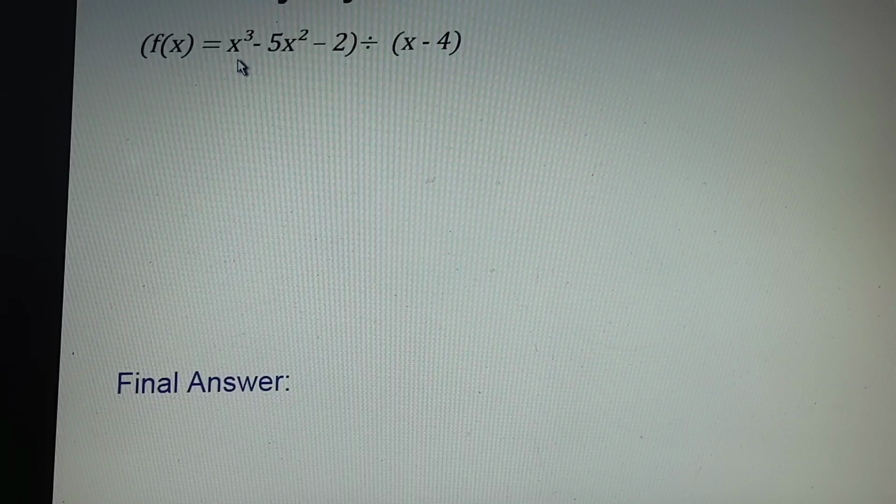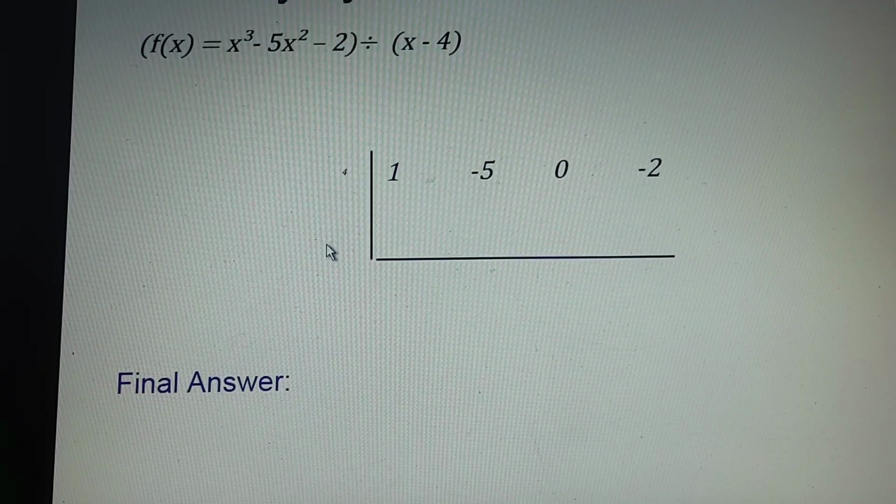Okay, we have x cubed minus 5x squared minus 2 divided by x minus 4. Remember, we're looking to see that all of the powers of x are represented. So I have an x cubed, which is fine. That's where we're starting. And then I have an x squared. Notice I do not have an x. So what that means is when I write these coefficients down, I have to put a placeholder where the x should belong.